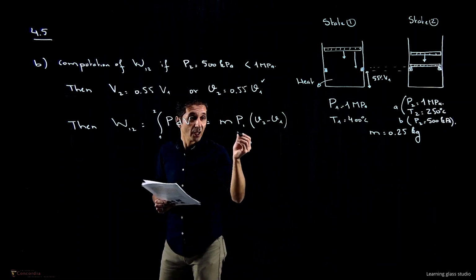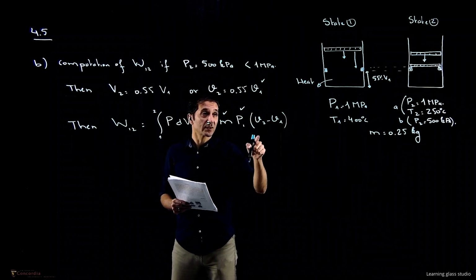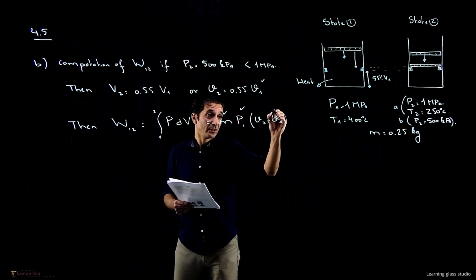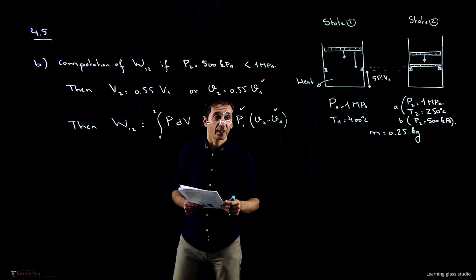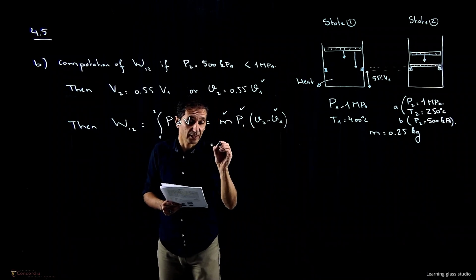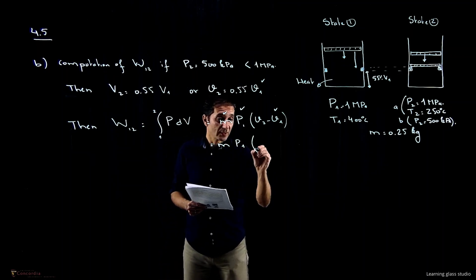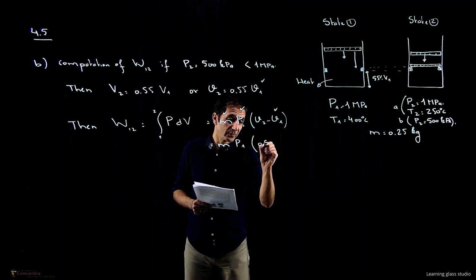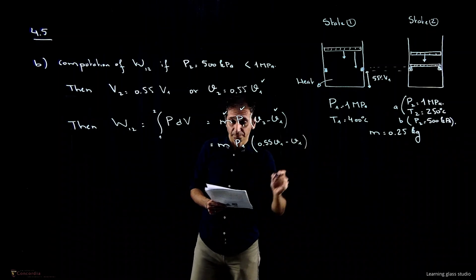So we have the mass. We have the pressure, which is 1 megapascal. We have V1, and this one we know it is 0.55 V1. So therefore, we can continue and write P1 cross 0.55 V1 minus V1.